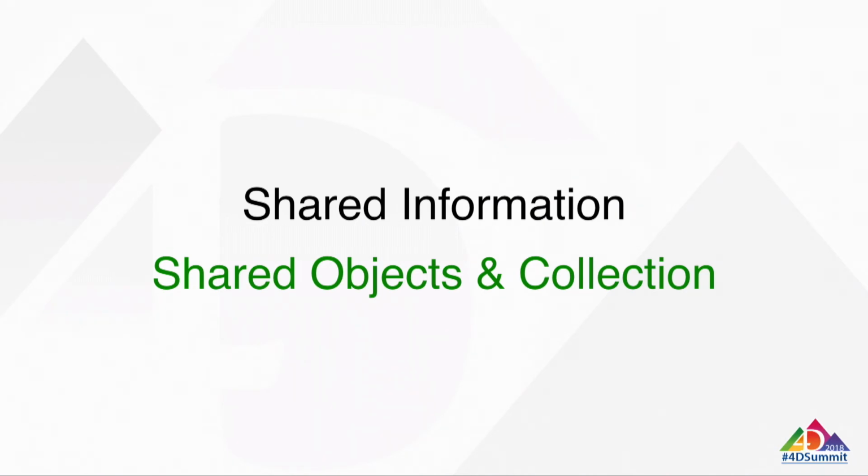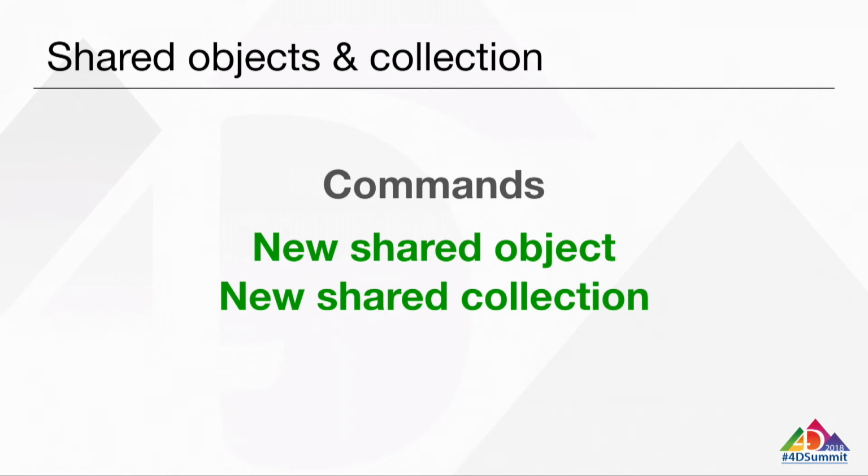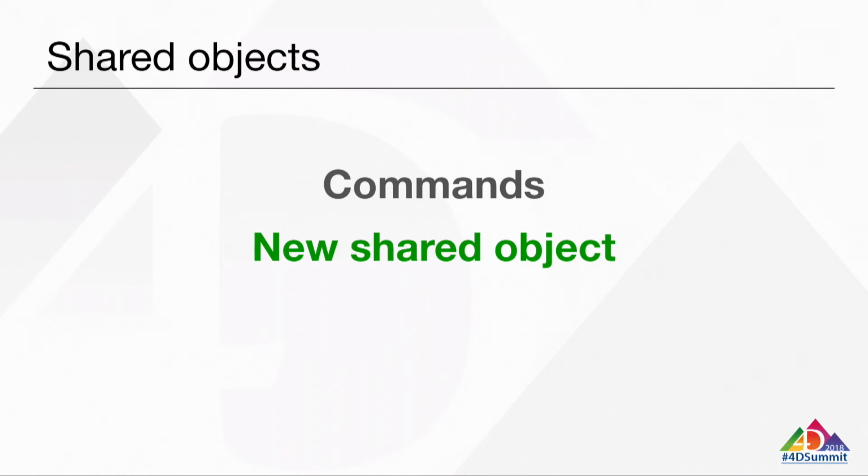Both of them are quite the same, except that one is for object variables and the other is for collection variables. I'm just going to keep it simple and keep the discussion only to shared objects. The concept is the same. When you look at the command and go through how it works, you're not going to have a hard time understanding it.